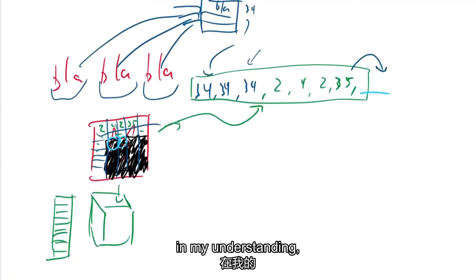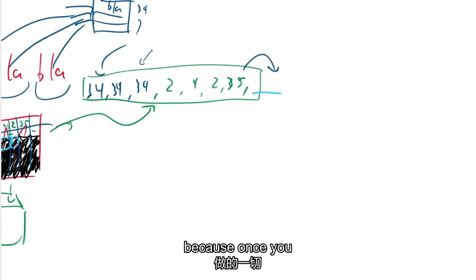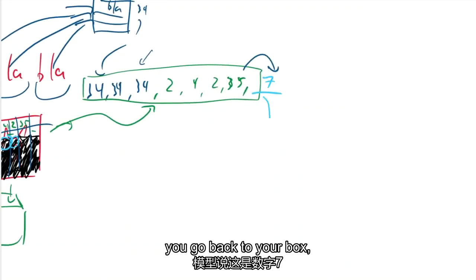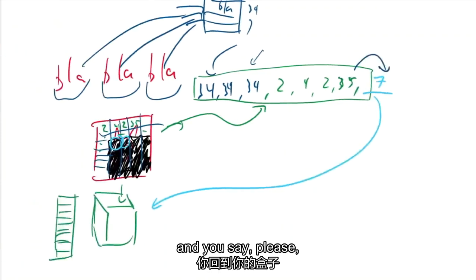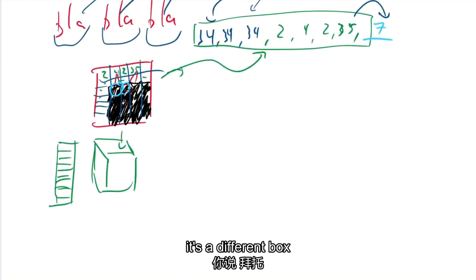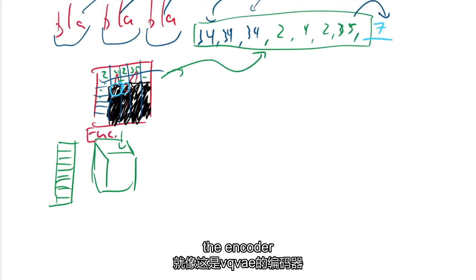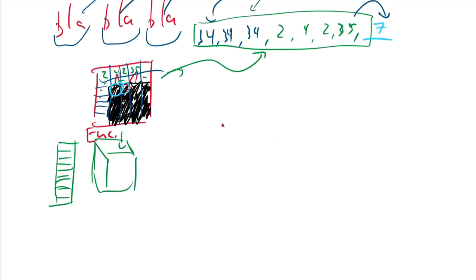Now, in my understanding, this is all the model does, because once you have that token, say the model says this is number 7, you go back to your box, well, it's a different box. This is the encoder of the VQVAE, and now you go to your decoder that you've also pre-trained.